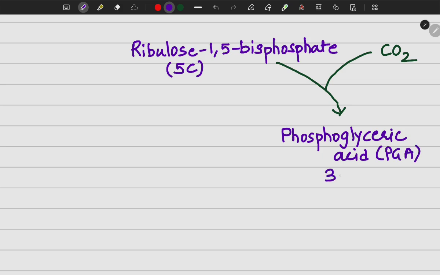Now this is a 3-carbon compound. This is the first step, which is the carboxylation, and it occurs in the presence of the enzyme Rubisco.